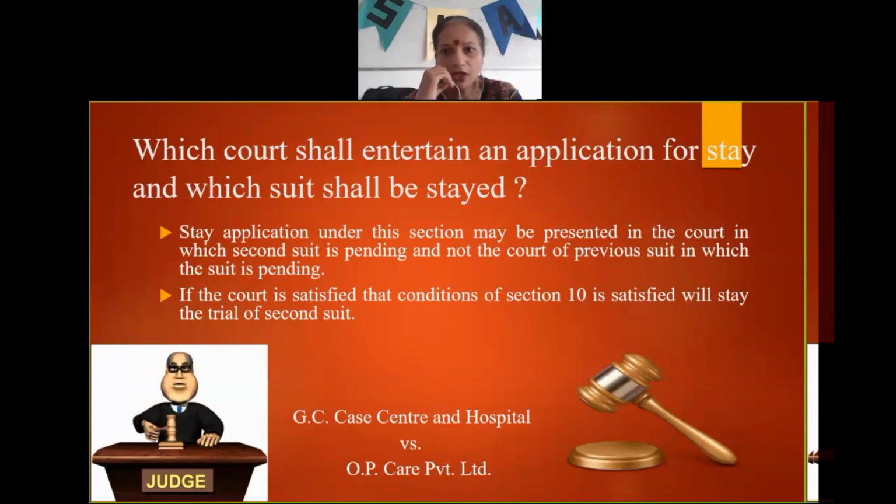Second, if the court is satisfied that the conditions of section 10 are satisfied, it will stay the trial of the second suit. So if the court is satisfied with the contents of our application, then in that case it will stop, that is stay, the trial of the second suit. This was held by the court in GSK Center and Hospital versus OP Care Private Limited.